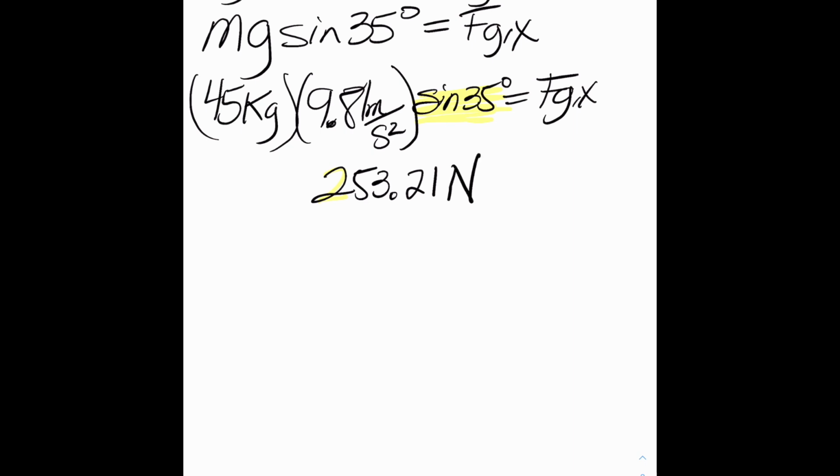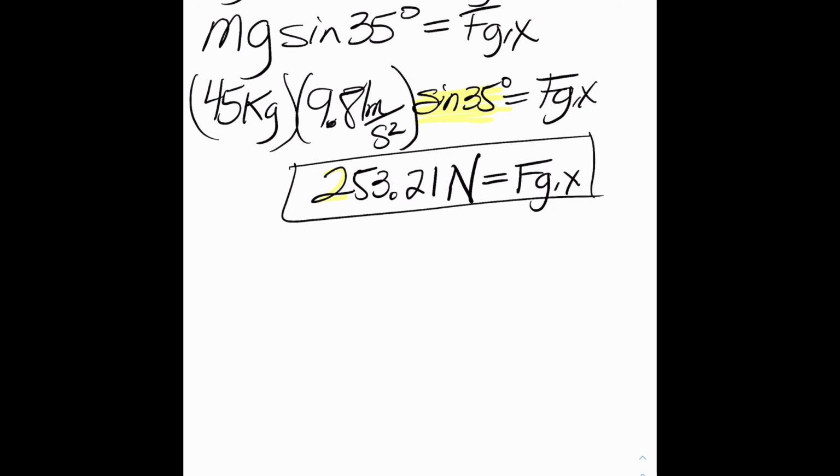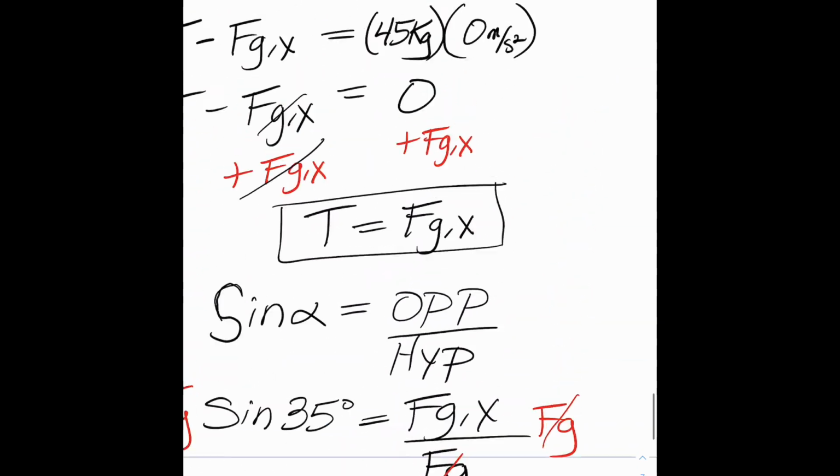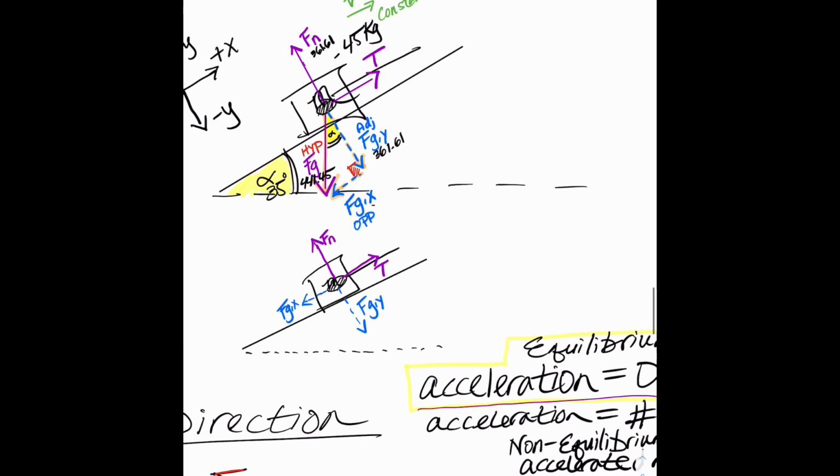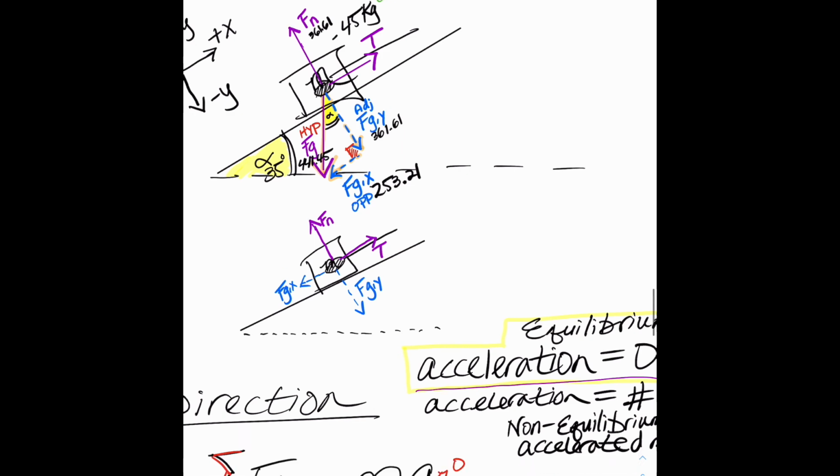Units are newtons again. And so just like predicted, this is the smallest side of that orange triangle, 253.21 newtons. And I can add that in. Sometimes I like to do that just to... All right, it's right there.